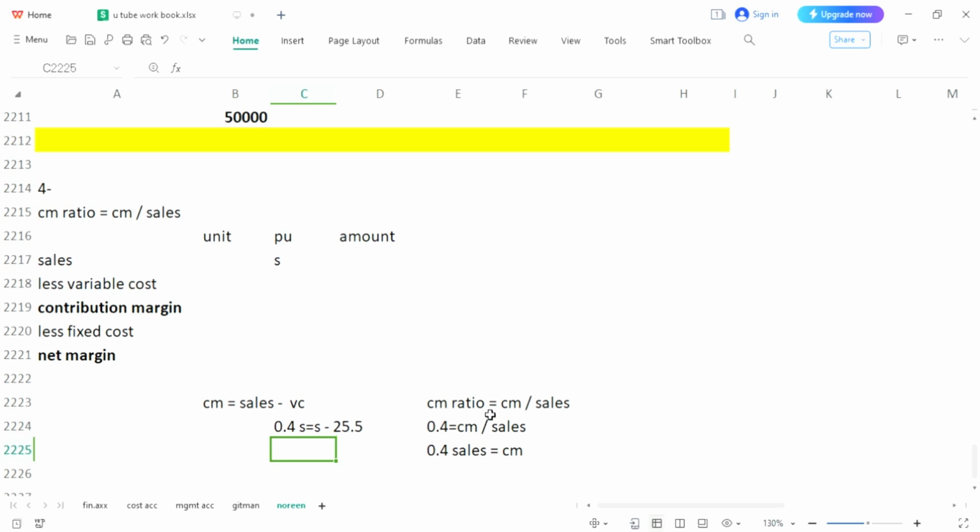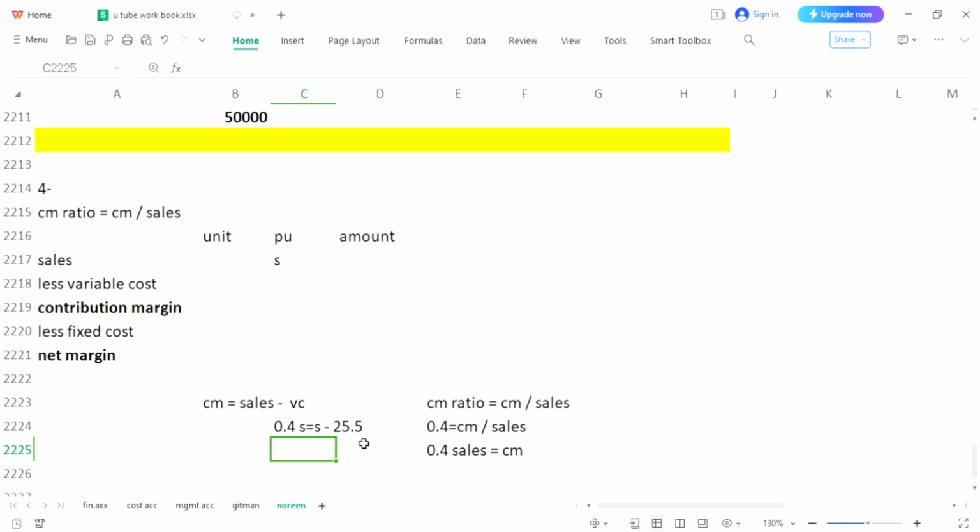The CM ratio formula is CM over sales. The ratio we calculated in original statement part 1 was 40%, 40 divided by 100, 0.4. Sale we are taking from the left to the right side of the equals sign; it was divided and it would be multiplied on the other side. So we have got CM is equal to 0.4 sales. This 0.4 sale is put in place of CM. Sale is unknown minus VC.